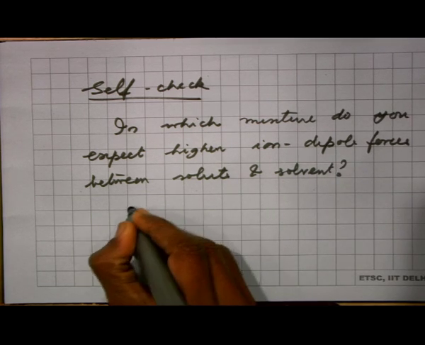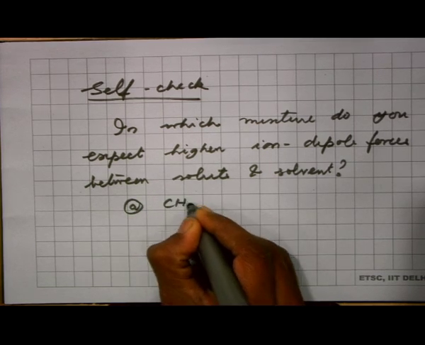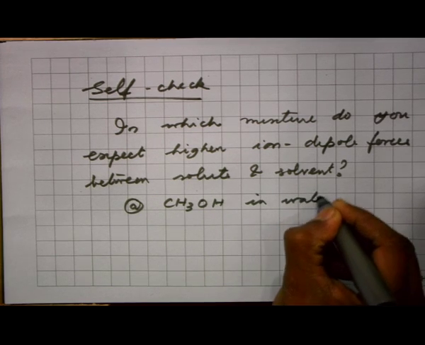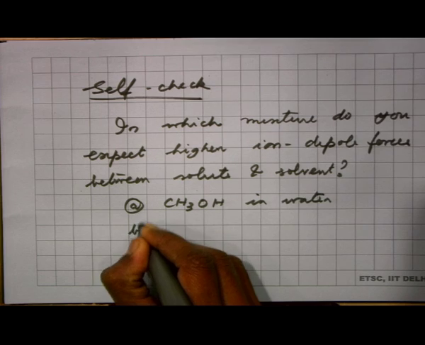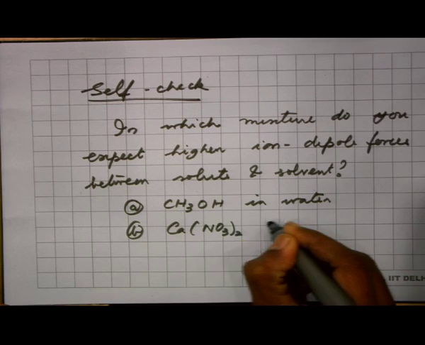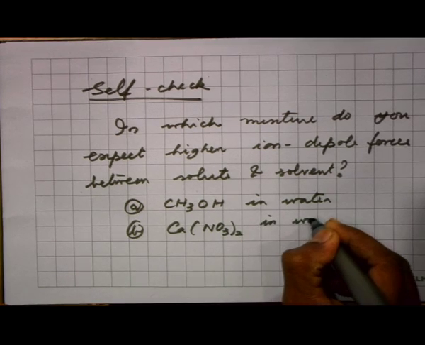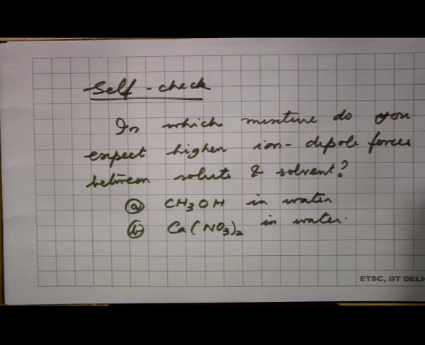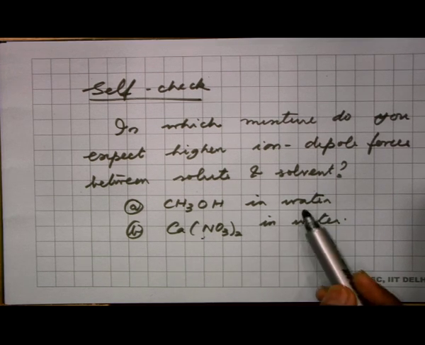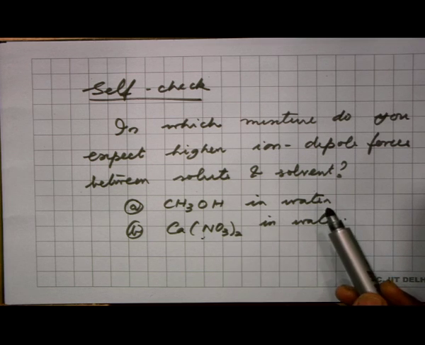And the choice is between methanol in water and calcium nitrate in water. So, you will have to approach it, you have to see which of these two things, two solutes, when you put it in water will ionize.